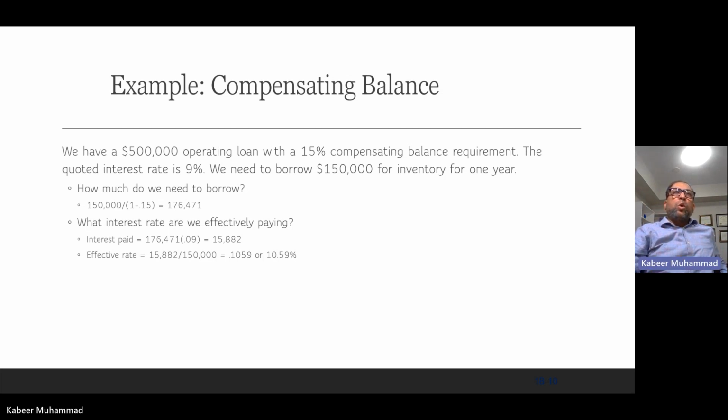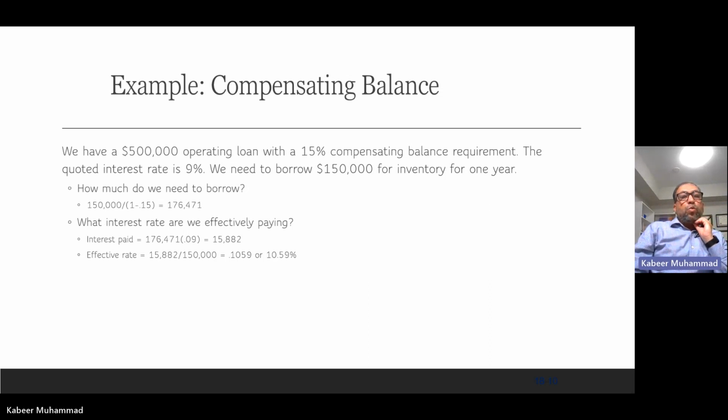If we need to borrow 150, we actually need to borrow 150 plus 15%, so that we can use 150. That is, 150,000 divided by 1 minus 0.15. We need to borrow 176,471, because that includes a compensating balance of 26,471.